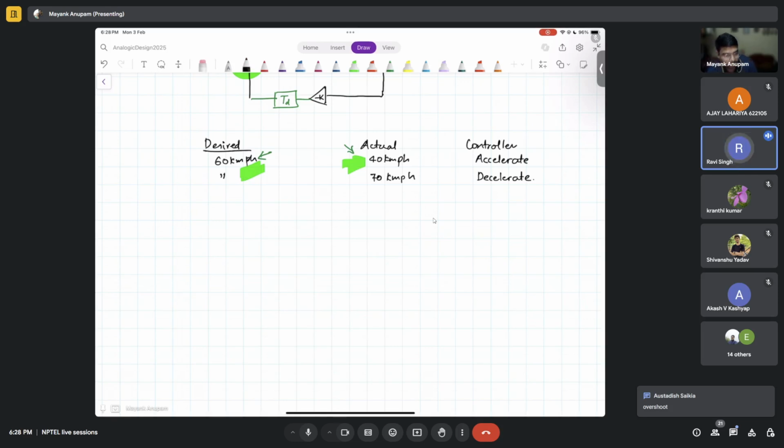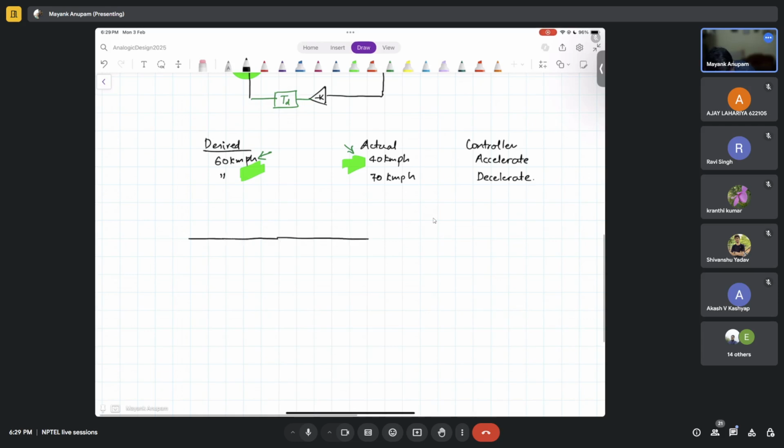Exactly. So again, let's say this was the desired 60 kmph speed, but you are here, somewhere not at 60 but at 57.